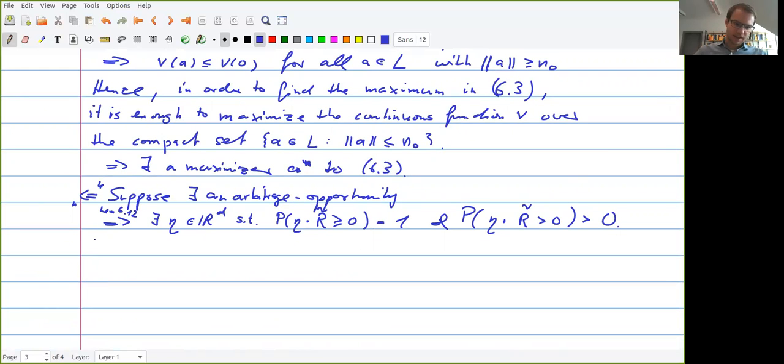Okay, and now let's take a maximizer, which exists by assumption. So let us take our maximizer, given some initial condition, some initial capital.